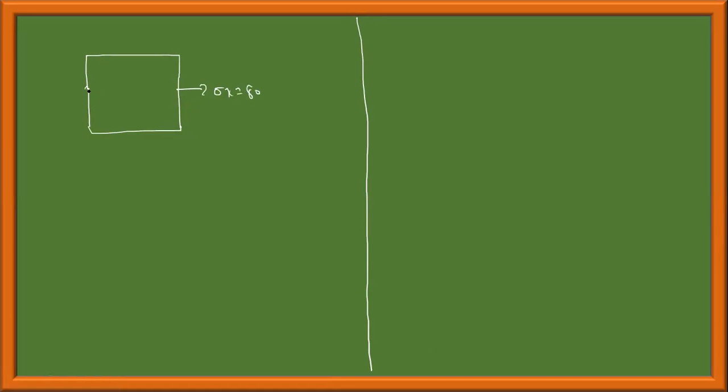Okay, and it can be solved like this. The same thing remains here, but I will not calculate all the parameters, only what we need. Sigma x is equal to 80, sigma y is equal to 40.